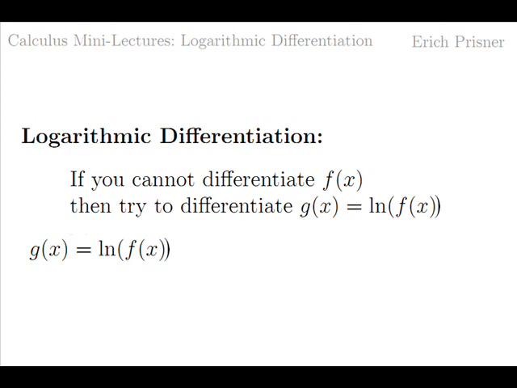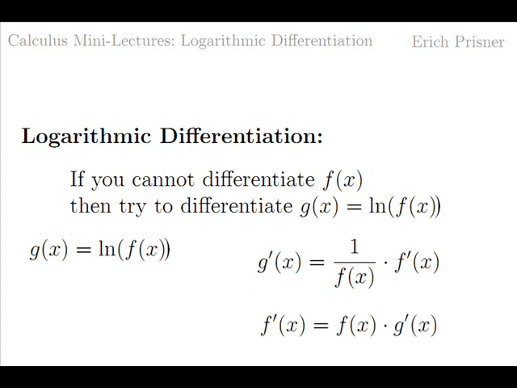Therefore, according to chain rule, g prime of x equals 1 over f of x times f prime of x. And that of course implies that f prime of x equals f of x times g prime of x. Meaning that if we have g prime, we also have f prime. This relation between f prime and g prime is the second part of the logarithmic differentiation method.